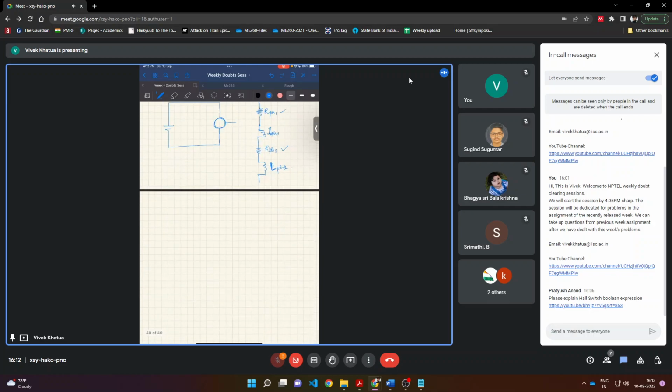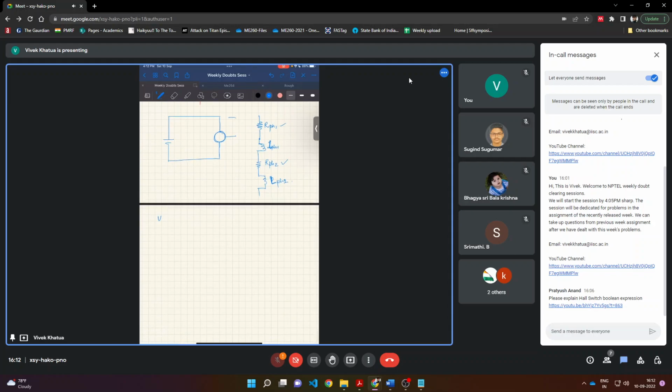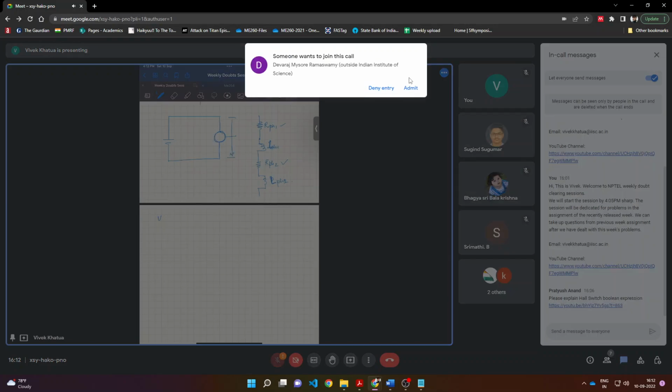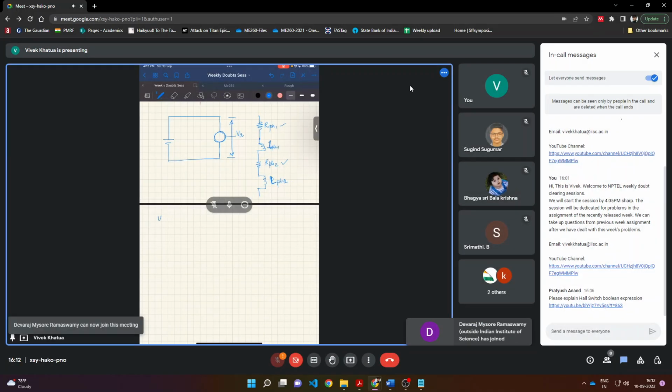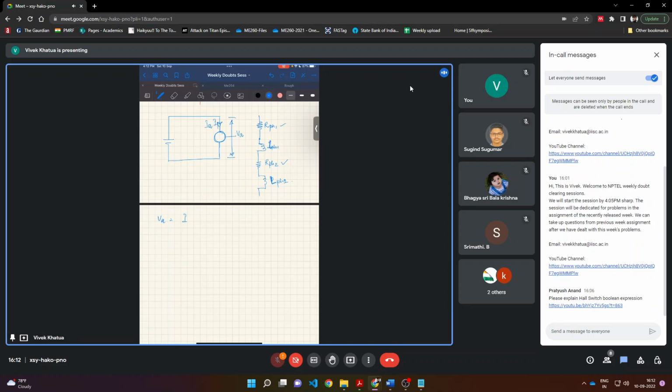From there we can write an expression that the voltage across the motor, which is your armature voltage, is going to be the current I_A, or I phase, the current flowing through that phase, two times of R, it's going to be phase 1 plus phase 2.